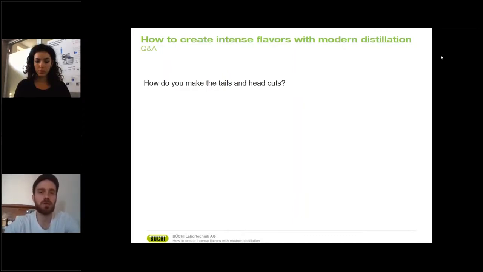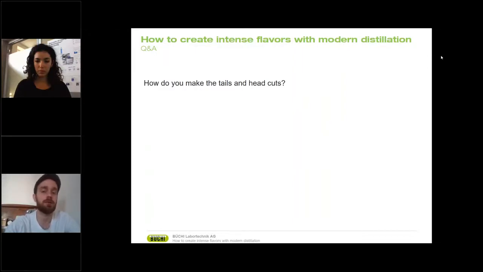So another way you can do that is by calculating the ethanol concentration. This means that you have to fraction your distillation process, sampling a few mLs each time.